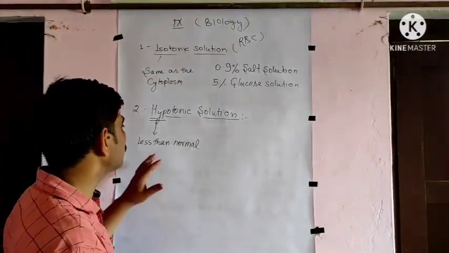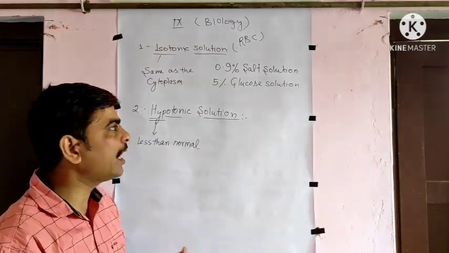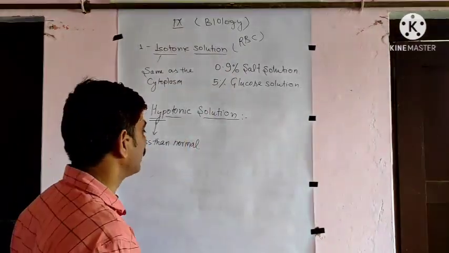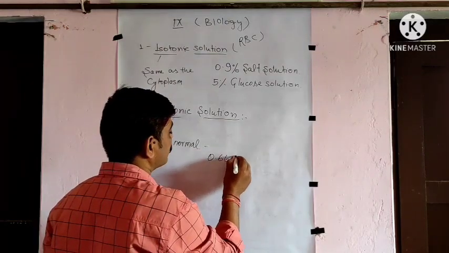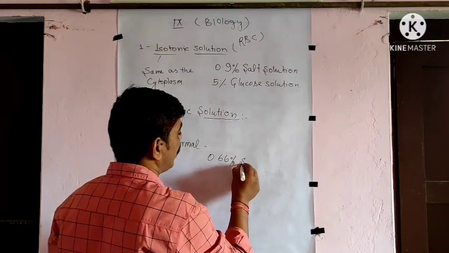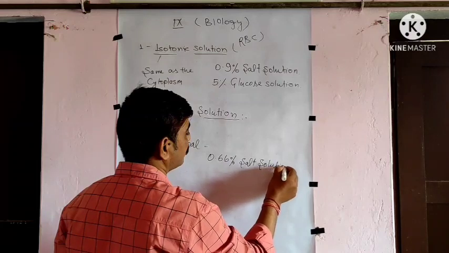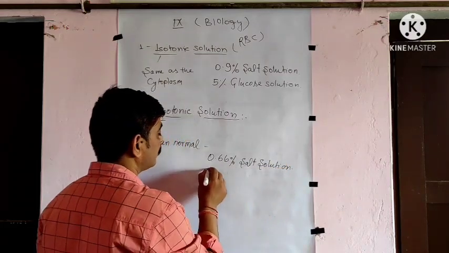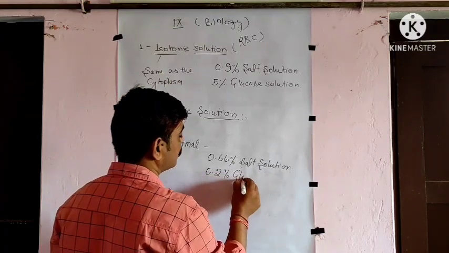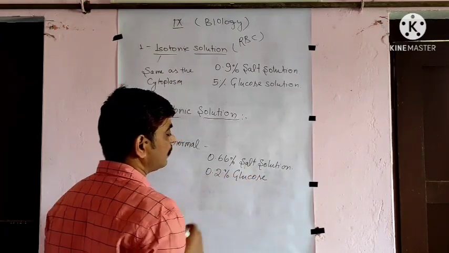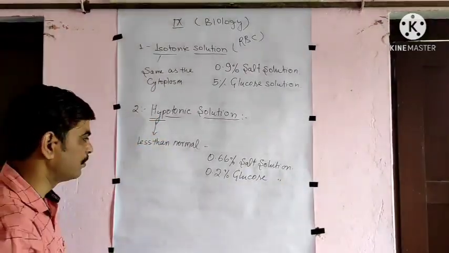So the content of solute is less than what is present inside the cell. It will be 0.66% salt solution and 0.2% glucose. Then it will be the hypotonic solution.